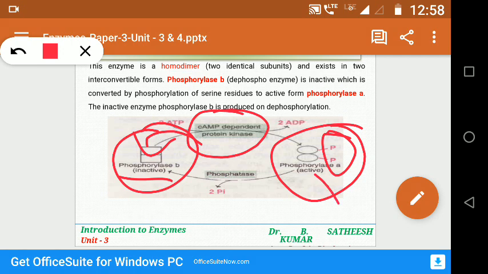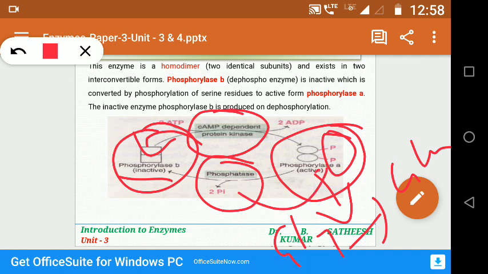This active form will break down the glycogen to glucose. Once the glucose levels are adequate, a phosphatase enzyme comes and removes these phosphates so that phosphorylase A becomes again phosphorylase B, which is inactive. So the activation and inactivation of the enzyme is through phosphorylation and dephosphorylation by the corresponding enzymes. This is known as covalent modulation.